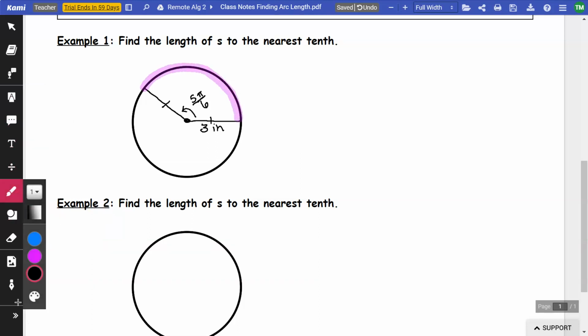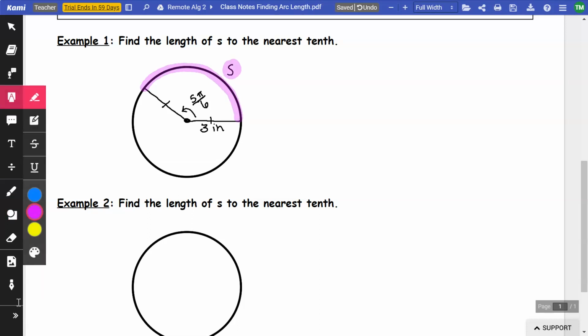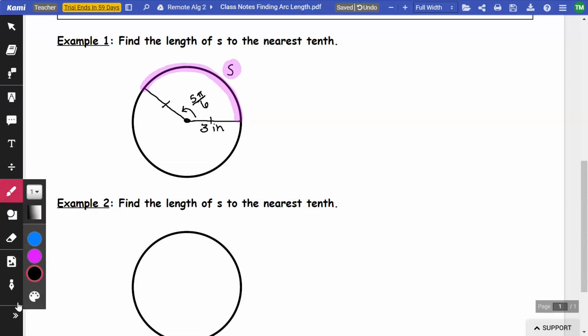This is S. So remember, S is equal to the radius times theta, which is in radians. Our angle is in fact in radians because it's 5 pi over 6. It doesn't have a unit of degrees. So S is then equal to the radius, which is 3 inches, times 5 pi over 6.